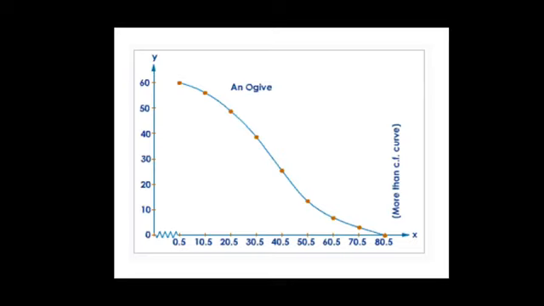That is, plot the points with coordinates such as 0.5, 60, 10.5, 57, 20.5, 49, 30.5, 37, and so on. Now connect the points with a continuous curve. The curve so obtained is more than cumulative frequency curve, or we can also say greater than cumulative frequency curve or greater than ogive. Students, the more than ogive is a falling curve as shown in this figure.